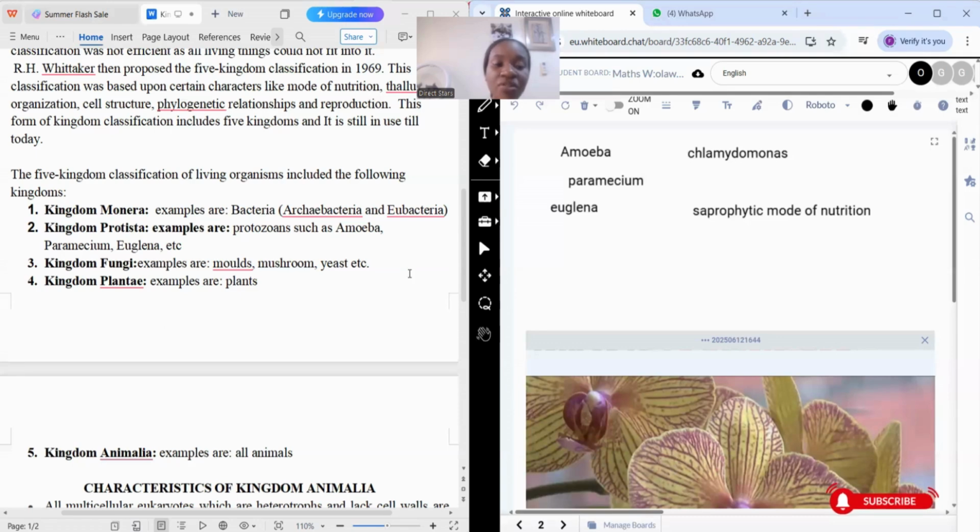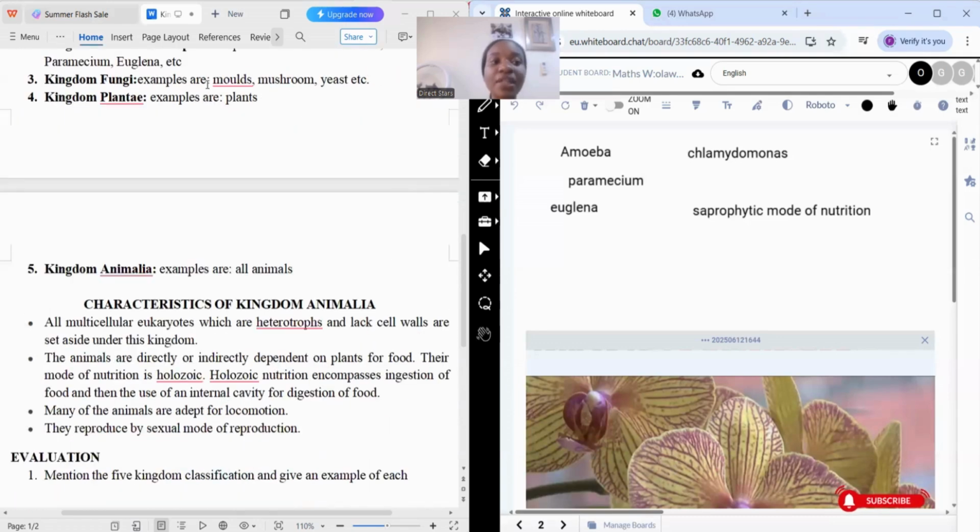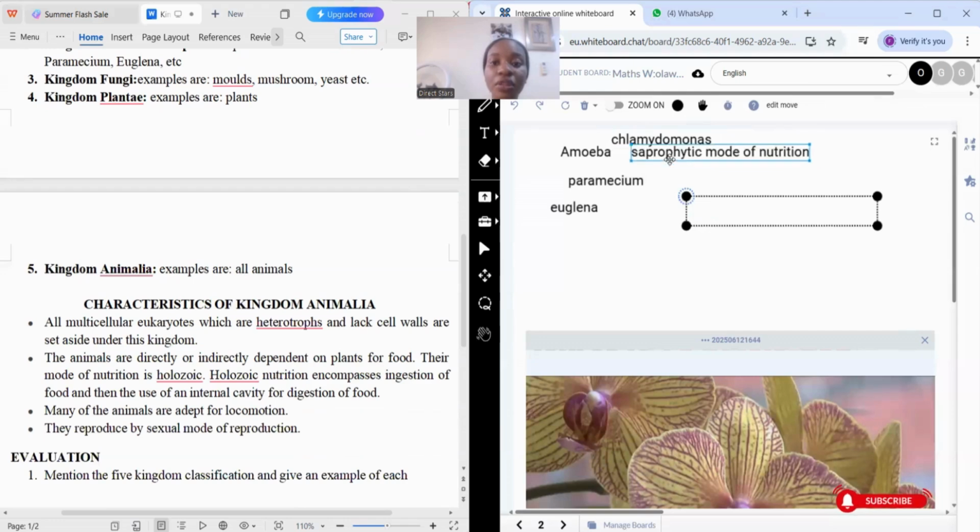Now let's move over to the fourth kingdom. We have the kingdom Plantae. When we talk about the kingdom Plantae, we're talking about all the plants, all the living things that exist as plants on Earth. They are all classified under the kingdom Plantae.